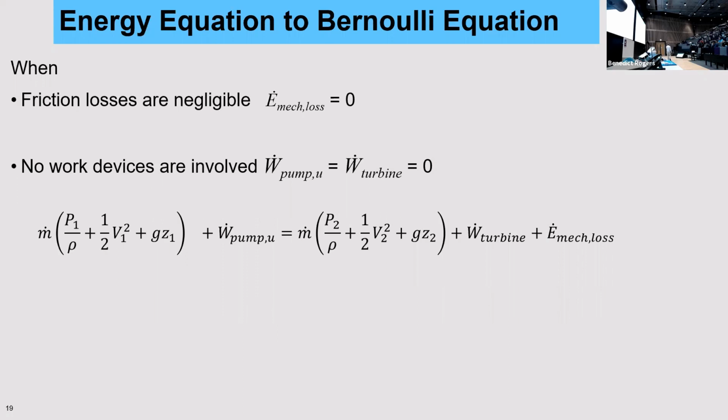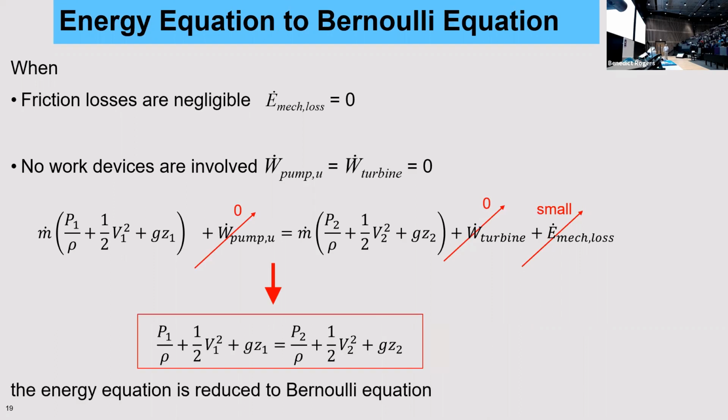So how do we get from the energy equation back to the Bernoulli equation? What's the link between the two? First of all, the friction losses are negligible in the Bernoulli equation, and there are no work devices. That means the mechanical energy loss is equal to 0, and the pump work and the turbine work are equal to 0. The loss is small, so we neglect it, and these two are 0 because there are no devices connected.